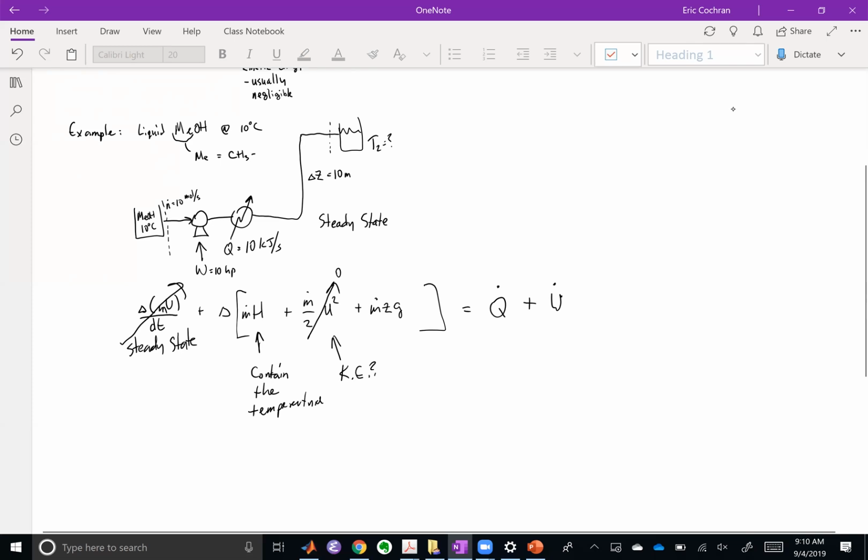Incidentally, if I were going to keep the kinetic energy term, which way is correct, 1 or 2? So 1, it's m dot over 2 times u2 squared minus u1 squared. And method 2, m dot over 2 times u2 minus u1 squared.